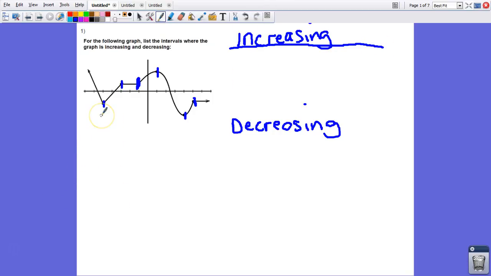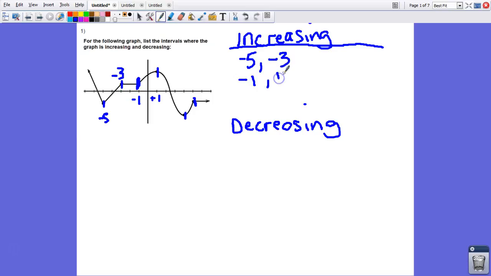It's increasing from, I think this is -5, right? And this is -3. So it's increasing from -5 to -3. It's also increasing from -1 to +1, right?